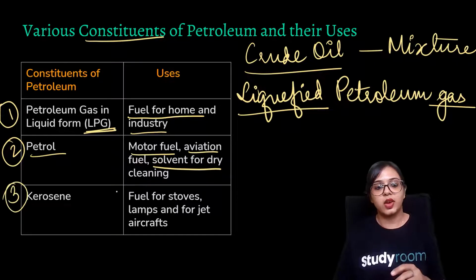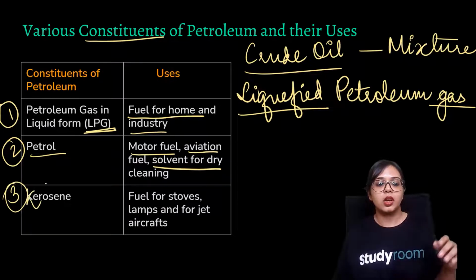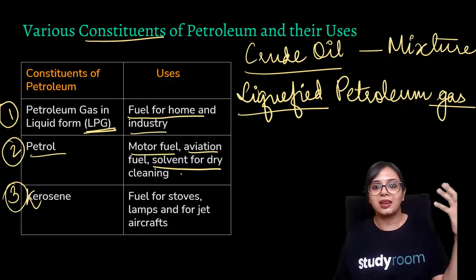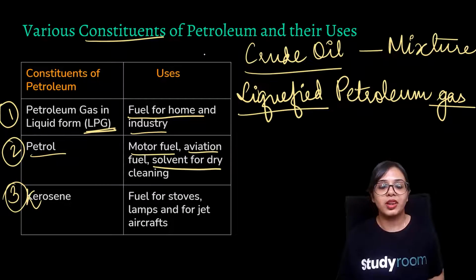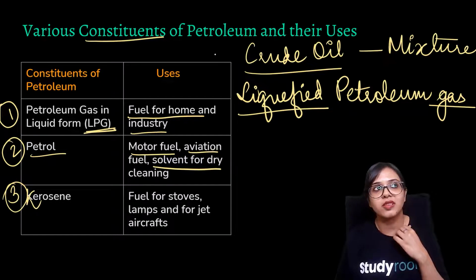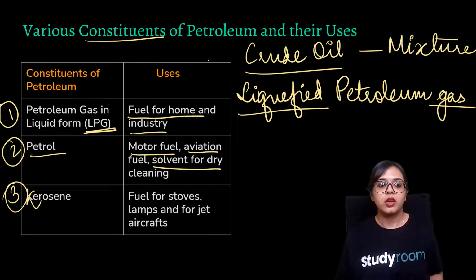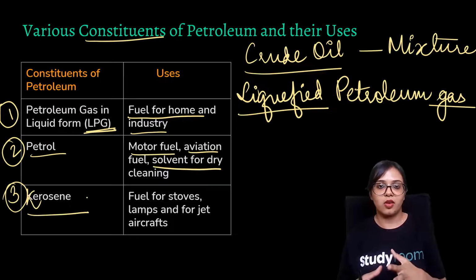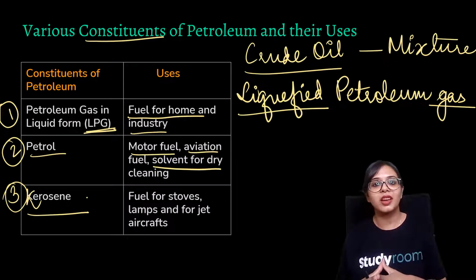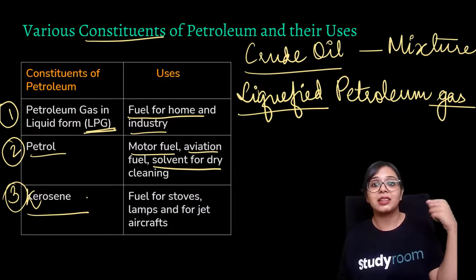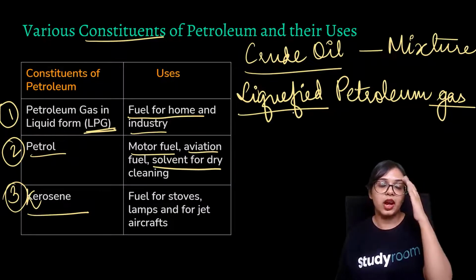Then you have kerosene. You must have come across that lamp. That lamp is not in use right now, but it used to be. If you come across any old Indian movie, especially of the late 90s or the 80s, of the previous century, not of this century, you must come across instances in those films where people are using kerosene lamps, that lantern, which is also the symbol of the RJD political party.